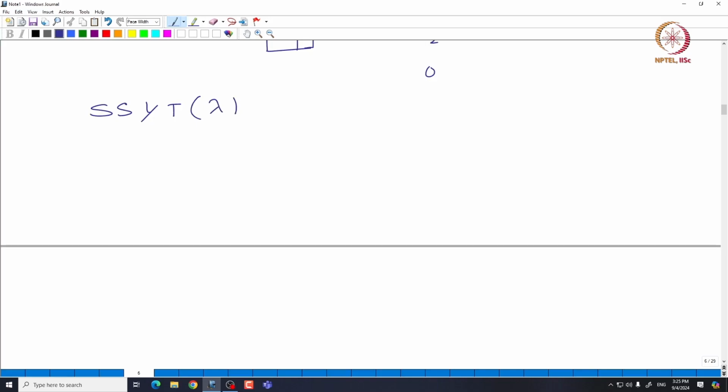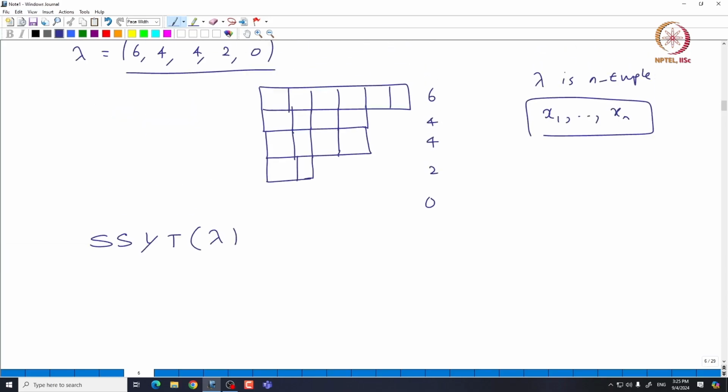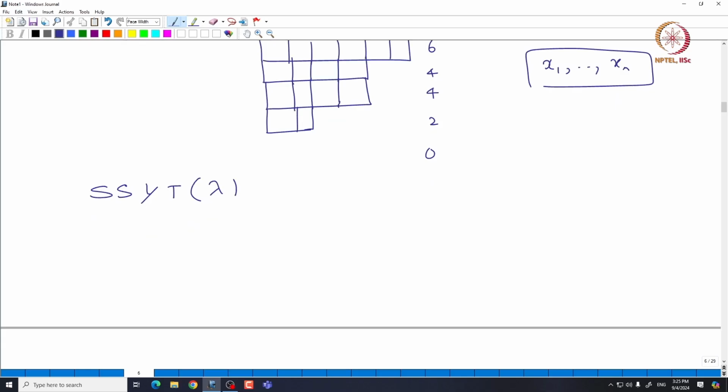In this collection, we will start filling this given Young diagram using entries from 1 to n, in such a way that each row is weakly increasing and each column is strictly increasing.